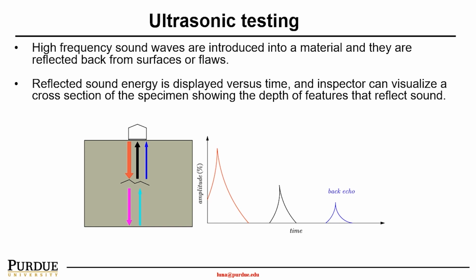Another type of similar wave-based method, which is often used, is called ultrasonic testing. The principle of ultrasound is to induce a high-frequency sound wave in the material, and based on the wave received, we can test whether there is a crack or not.